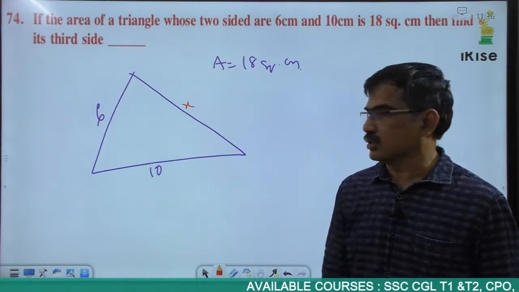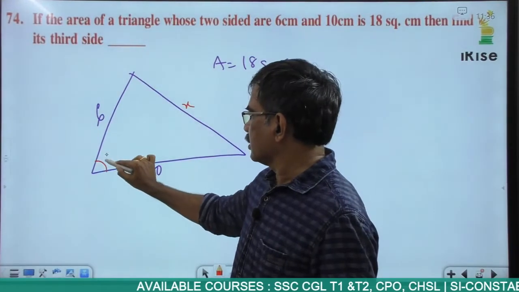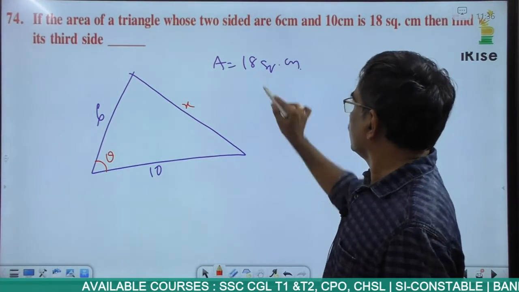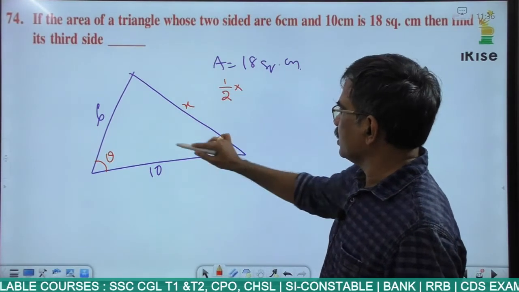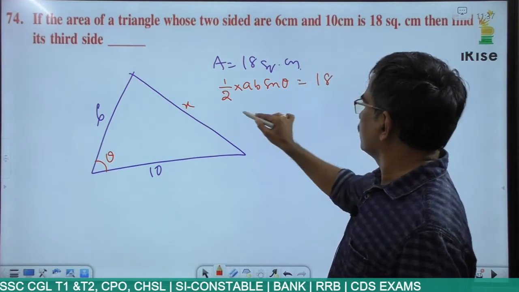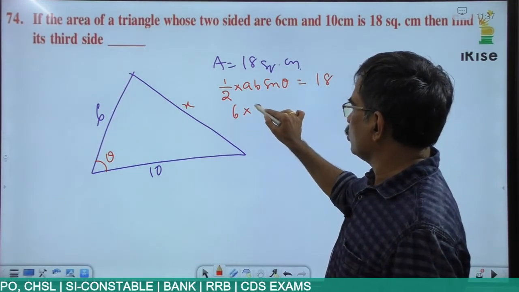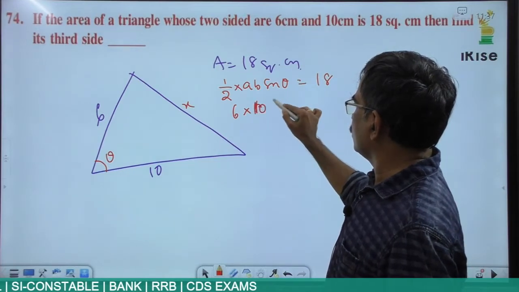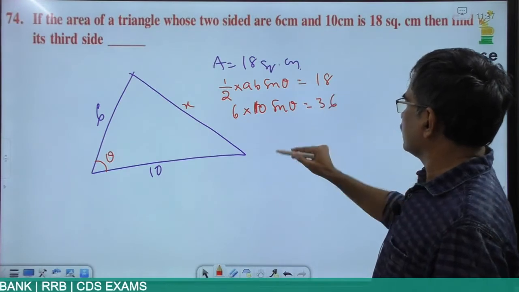So here I want to consider this angle as theta. Area formula is half AB sin theta is equal to 18. So 6 into 10 into sin theta is equal to 36.